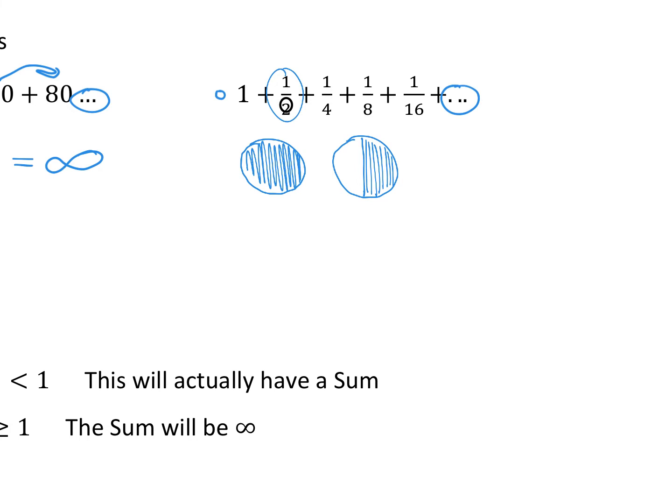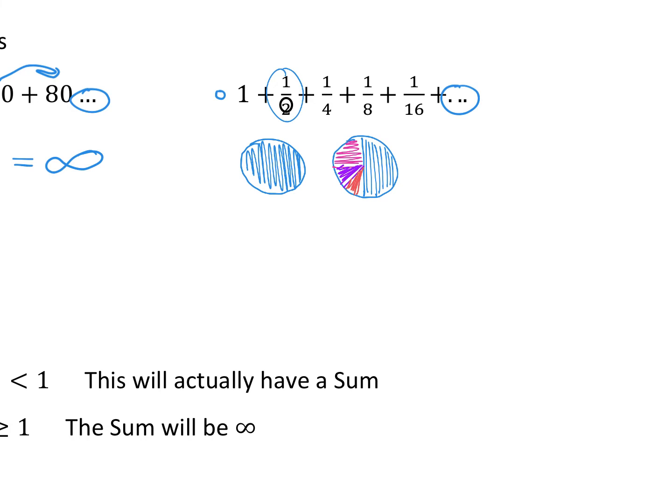Now I'm going to add 1/4. So it would add this. Now I'm going to add an eighth. So it would look like that. Then I'm going to add a 16th. So it would look like that, okay? If I keep going, right, this is an infinite geometric series.